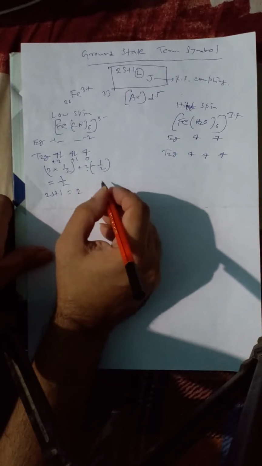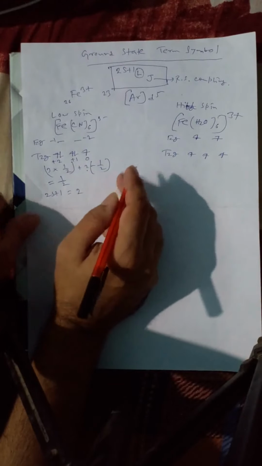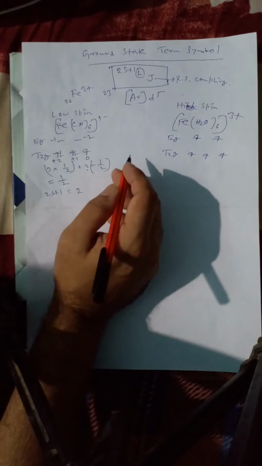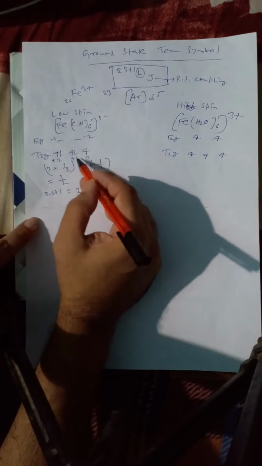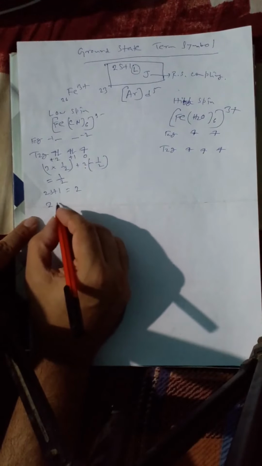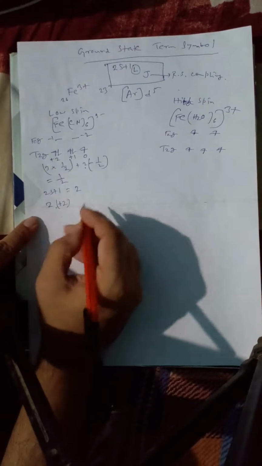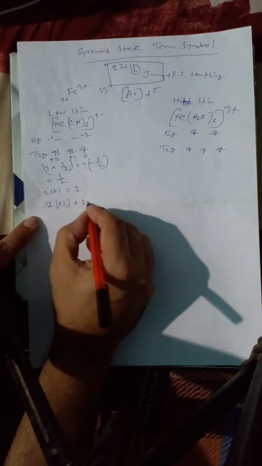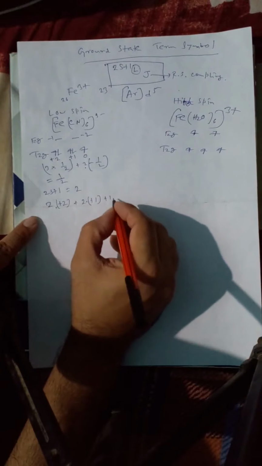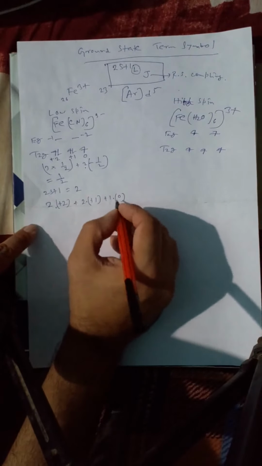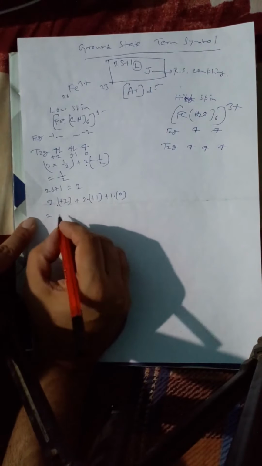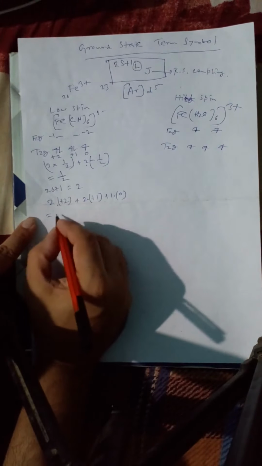Checking how many electrons are in which magnetic quantum state, we can calculate the total. In this case, 2 electrons are in plus 2, 2 are in plus 1, and 1 is in 0. So the total angular momentum is 4 plus 2, 6.